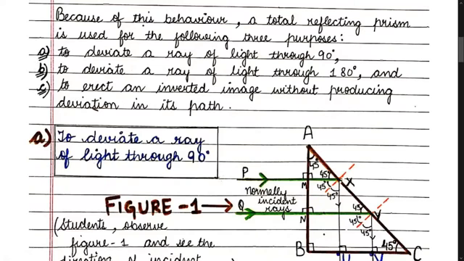The first purpose is to deviate a ray of light through 90°. Second purpose, to deviate a ray of light through 180°. And third purpose is to erect an inverted image without producing deviation in its path.